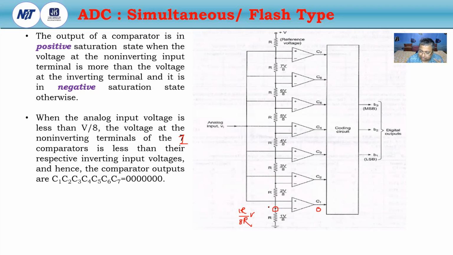If it is less than 1 by 8 volt, obviously it will be less than 2 by 8 volt, 3 by 8 volt, up to 7 by 8 volt. So the outputs of C1, C2, C3, C4, C5, C6 and C7 should be 0. So all the outputs should be 0 and the encoded output should be 0, 0, 0.